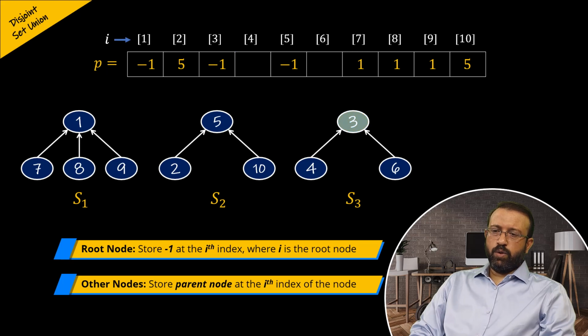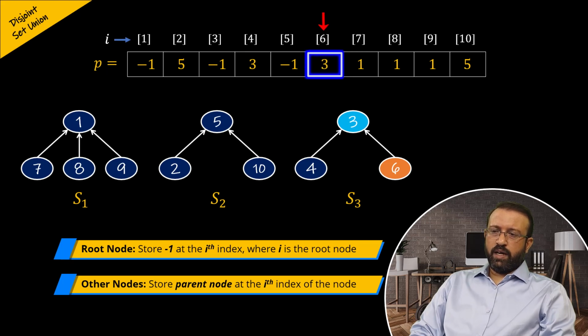Then we have the node with element 4. And since the node with element 4 is not a root node and its parent is the node with element 3, we will store 3 at index 4 in the array. That is, we are storing the parent, which is 3, of the element 4 at index 4 in the array. In the same way, we have the node with element 6, and since the node with element 6 is not a root node and its parent is the node with element 3, we will store 3 at index 6 in the array.